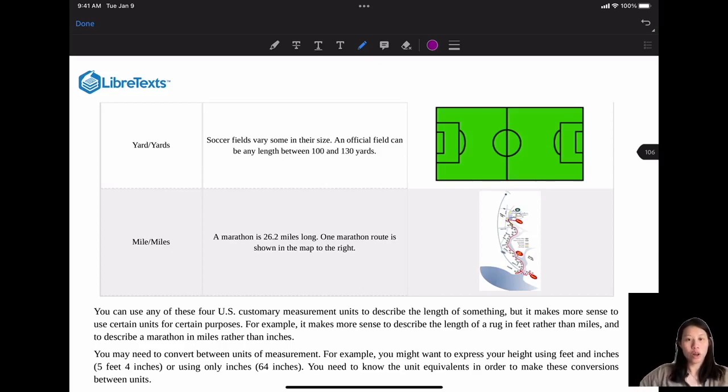Okay, so when it comes to running distance or from location A to location B, since it's a longer distance, we usually will use miles instead of feet, right? You won't say that from Olympia to Seattle is probably 16 miles away, but you won't say how many inches away. I don't know how many inches away. It sounds like a really big number. So that's why we don't use it.